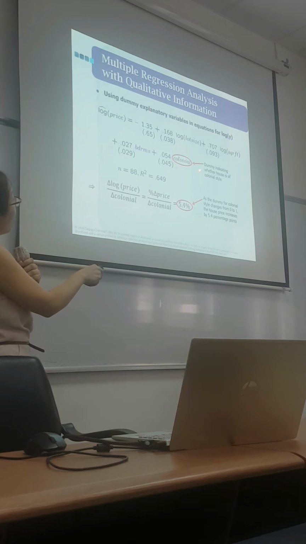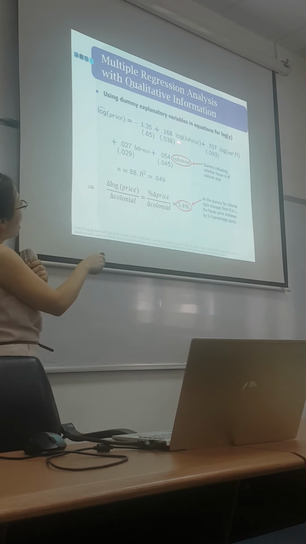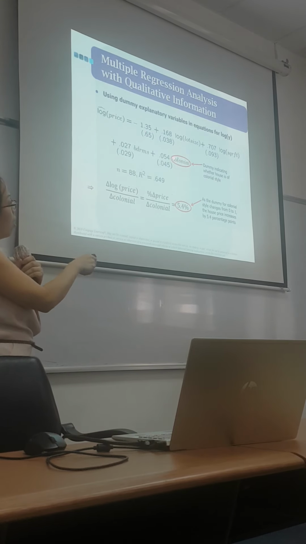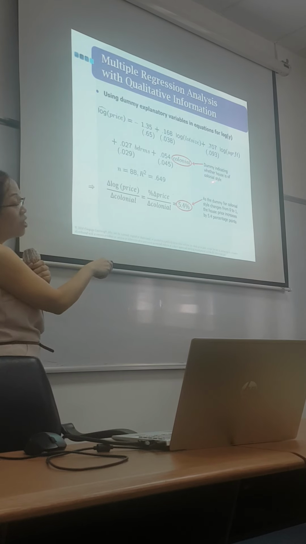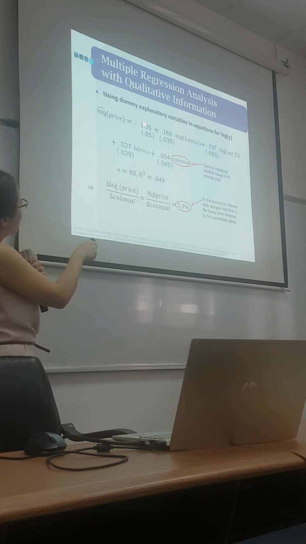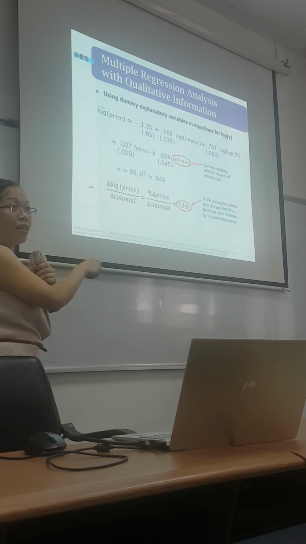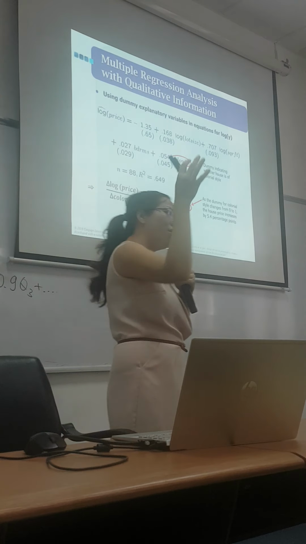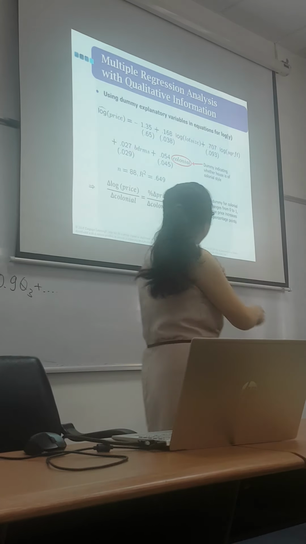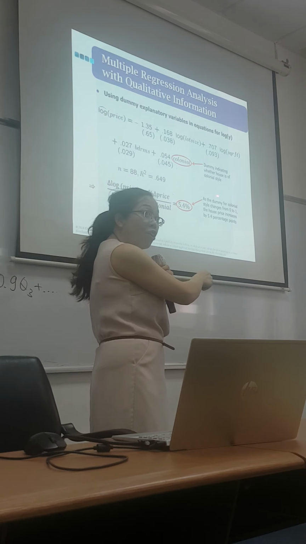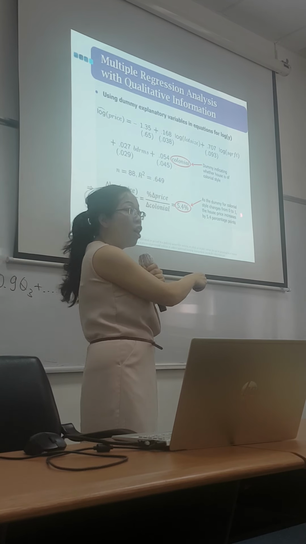So for example, here we have colonial style: whether the house is colonial style, whether that has any effect on the house price. The W variable here is colonial style or not colonial style. It receives the value 1 if it's colonial, and 0 if it's not colonial.